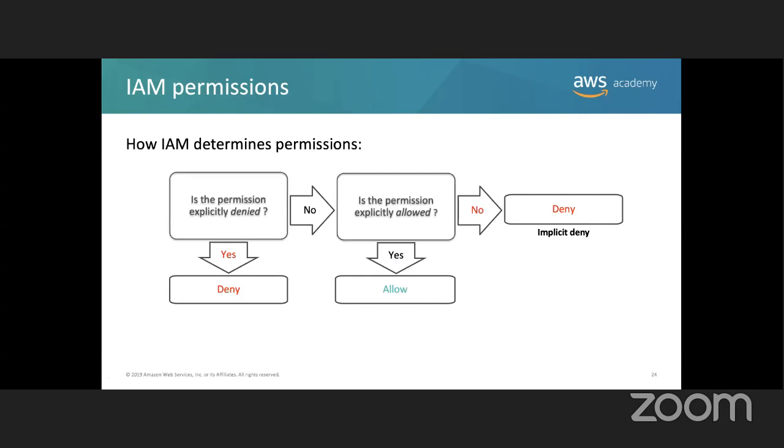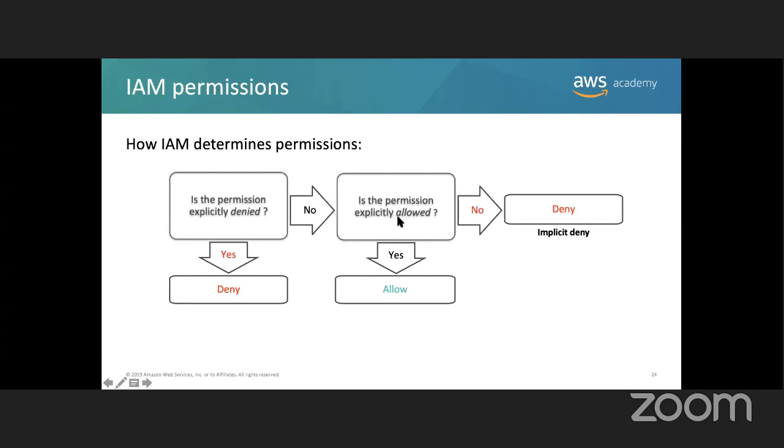That's why it says here, if it is explicitly denied, so someone came and denied it, then it is denied. There's nothing you can do. If no, then it's going to ask: is the person explicitly allowed? Yes, then allow. If not, then deny, and that will be an implicit deny. By default, that's what happens.